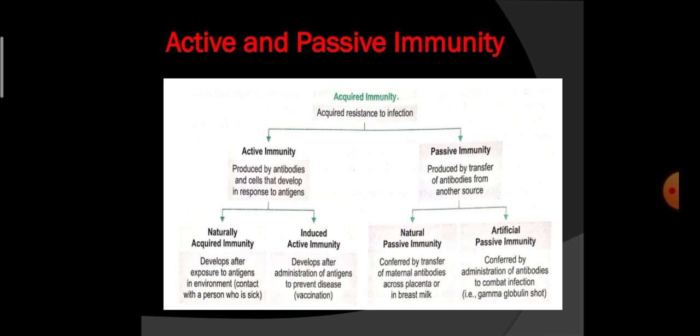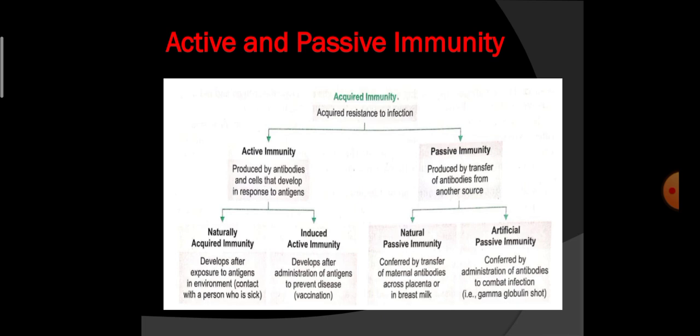All right. So in natural active immunity, it will develop after exposure to the antigen, and the immune response will develop. Or induced, it is when you add a little bit of the antigen to prevent the disease, like in vaccination. In vaccination, we add a very small dose of the organism so that the body itself produces immunity against the disease or the microorganism.